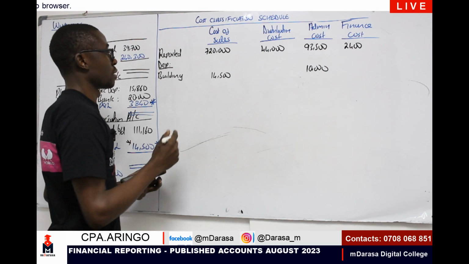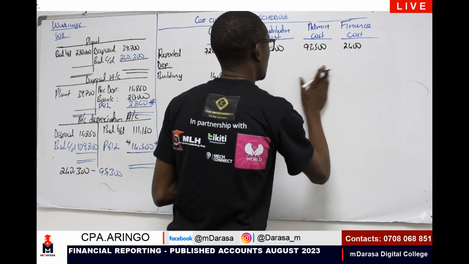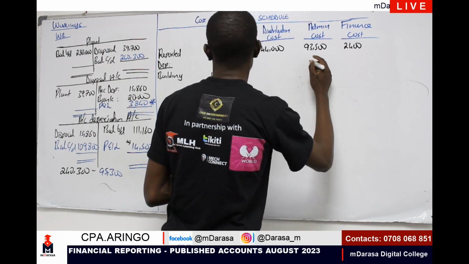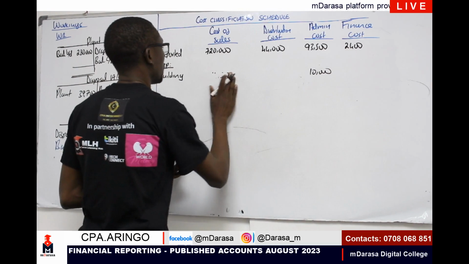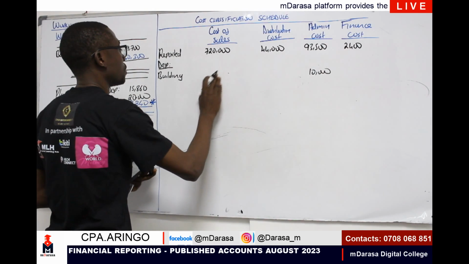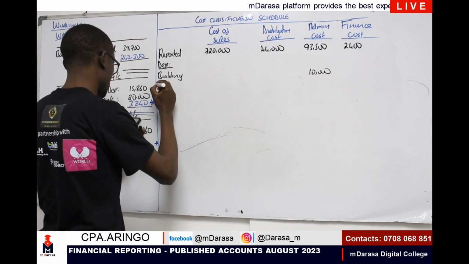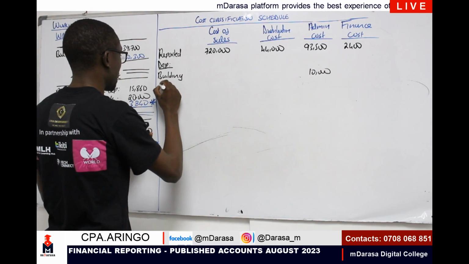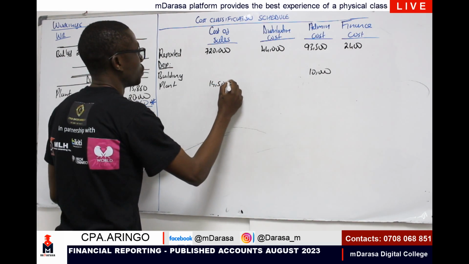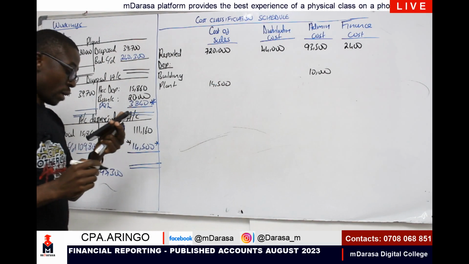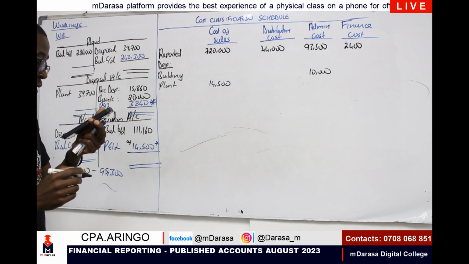The next item to consider was motor vehicles, which you are given depreciation of 20%. The 10 was building, and 14.5 was plant, which is under cost of sales, whereas motor vehicle was given under distribution.